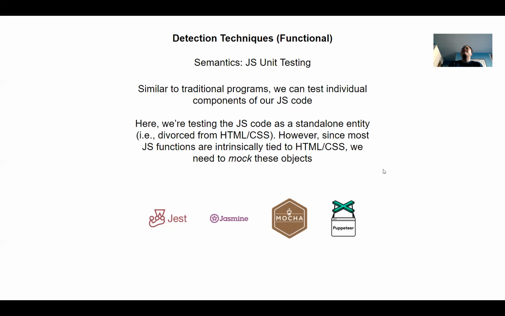So in this case, since the JavaScript code is being tested as a standalone entity, that means you need to mock the HTML and CSS objects that are used by your JavaScript code. So a couple of options that you can use for unit testing for JavaScript. So you have Jest, Jasmine, Mocha, and Puppeteer. So these are all very, very common. I think the one that I'm most familiar with is Jasmine, but all of these are used very, very commonly as well in industry.